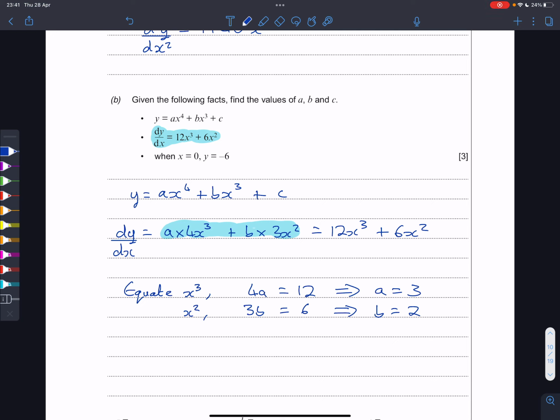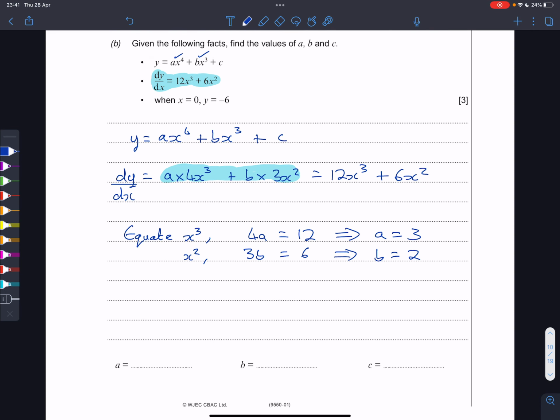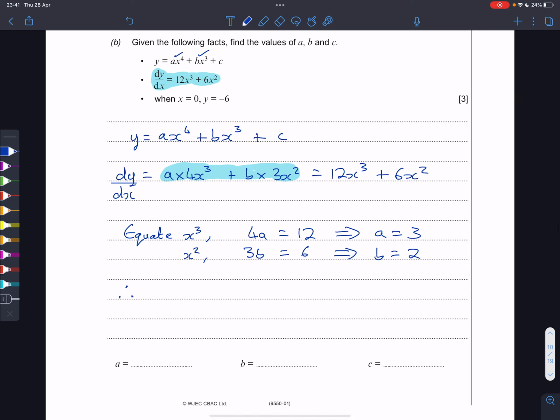So I now have a and I have b. So all I have to do now is to look for c. So I haven't used this fact yet either. So I am going to go back to my y equals ax to the 4.